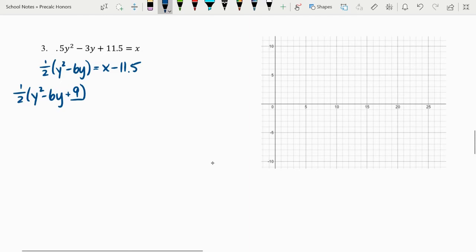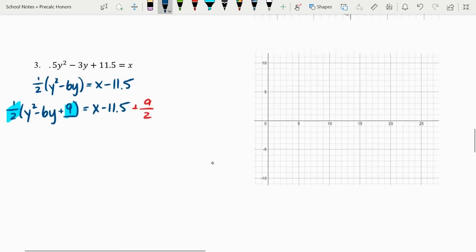Since I added a 9 on this side, you can subtract it. I'm going to do this a little different for my last example. On this left side, since I really added 1/2 of 9, I have to do the same thing on the right side. All right, and then we factor. So this will be 1/2 (y minus 3) squared.